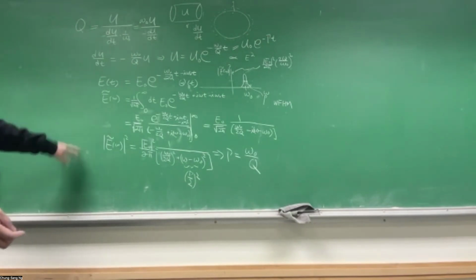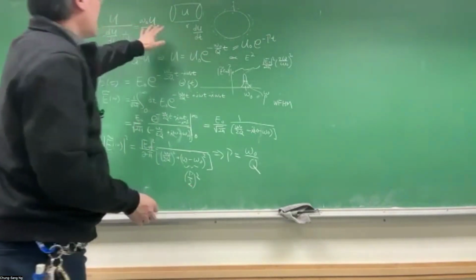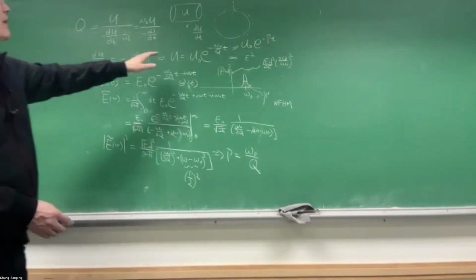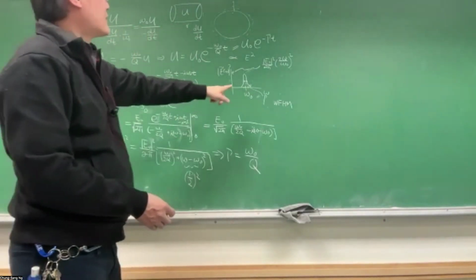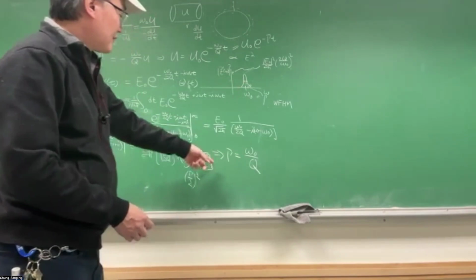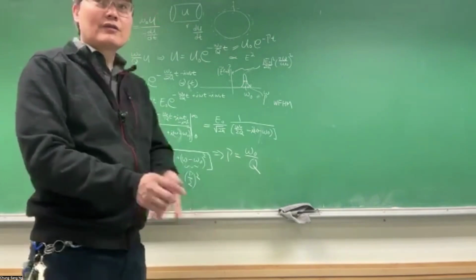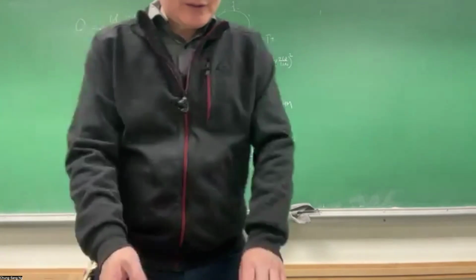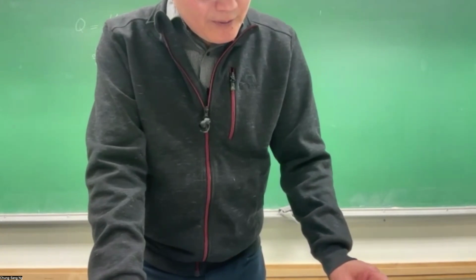Okay, so that's the concept. The main concept is when you have a good resonator with high conductivity, small dissipation, then Q is large. When Q is large, the line width will be small. Gamma depends on 1 over Q. Those are the basic ideas.